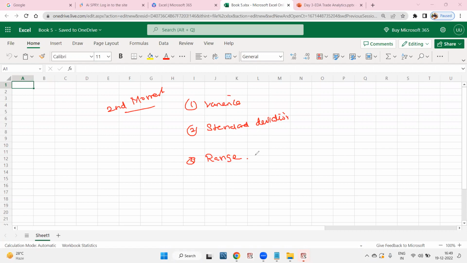So variance, standard deviation, and range. What is variance, first of all? Variance is used to measure the average spread in the data.